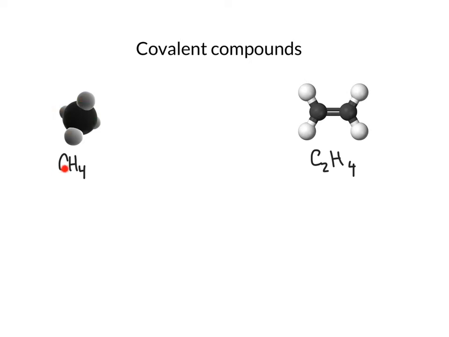So I will have 1 mole of carbon and 4 moles of hydrogen if I have a mole of these molecules. The analogy is that this table is made up of 1 tabletop and 4 table legs, just like this molecule is made up of 1 carbon and 4 hydrogens.